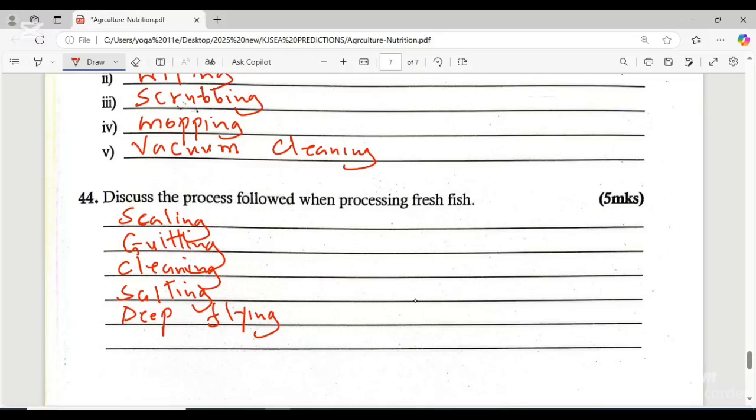You scale, gut, clean, salt, and then deep fry.